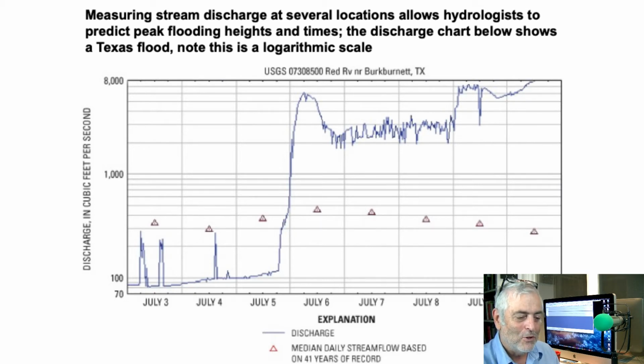So if you look at it, it stayed high water for a long period of time, roughly 2,000, 3,000 cubic feet per second for the next 2 days, and then it shot up again to about 7,000 cubic feet per second. That's a lot.